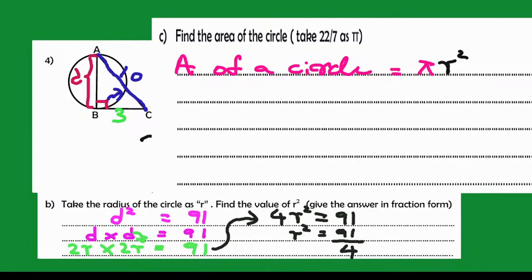So now it's just a matter of plugging in the values. We have been asked to take pi's value as 22 over 7. So 22 over 7 times, what's r squared? Just a while ago we found out in question B, that's 91 over 4. Now both 7 and 91 are in the 7 times table.